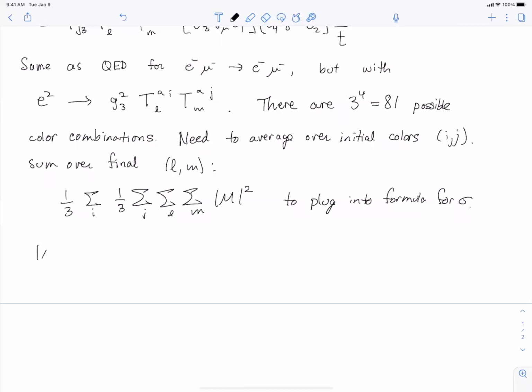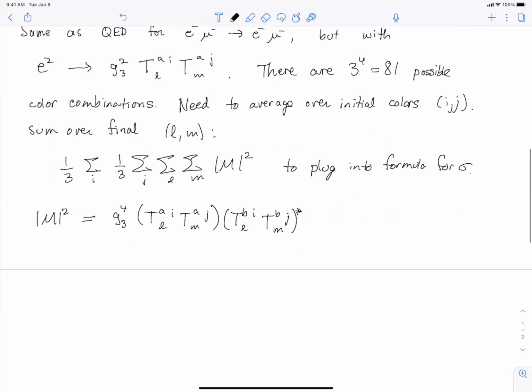So our reduced matrix element squared is equal to g_3 to the 4th power, T^A_{Li}, T^A_{Mj}, T^B_{Li}, T^B_{Mj} complex conjugate, times, I'll write M hat here for the part that's just the same as in QED.